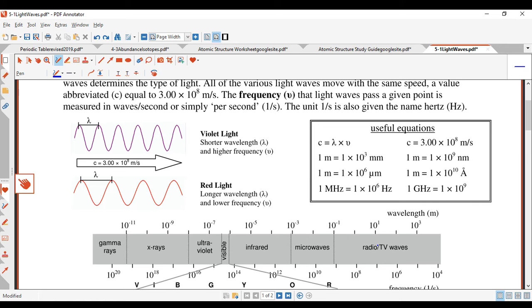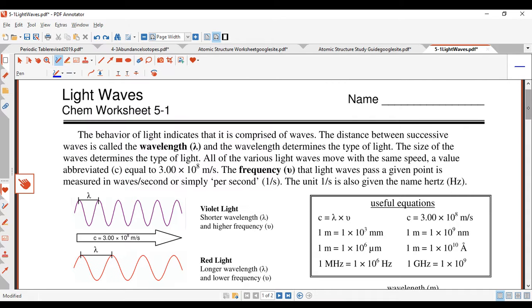One thing I want to point out on this sheet is that there's this box here, kind of towards the top of the sheet. And this has a lot of equalities that will be important as you work through the problems. For example, the relationship between nanometers and meters, angstroms and meters, gigahertz and hertz.